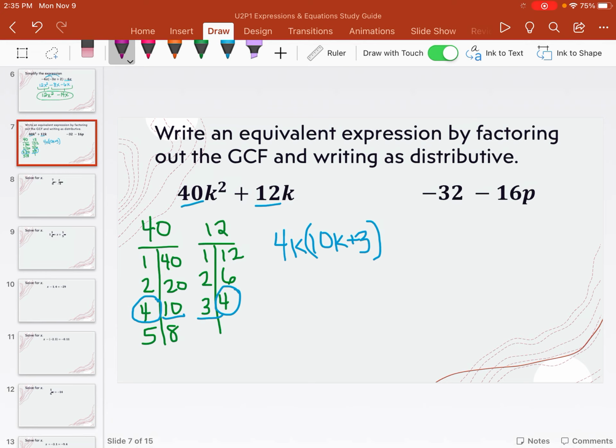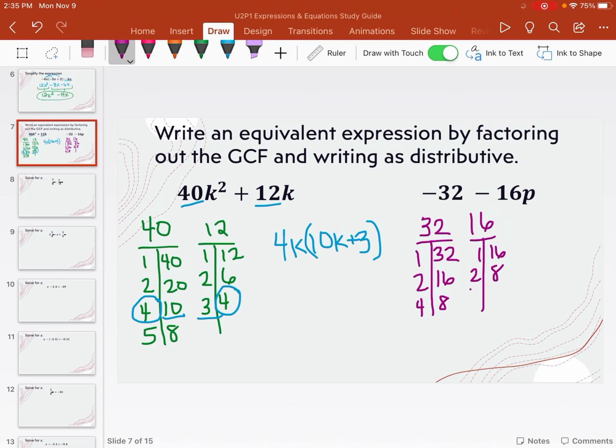Okay, let's look at the next one. So I'm going to start off with my t-charts for 32 and 16. So 1 and 32, 2 and 16, 3 doesn't work, 4 and 8, 5, 6, 7, none of those work. Okay, 1 and 16, 2 and 8, 3 doesn't work, 4 and 4.